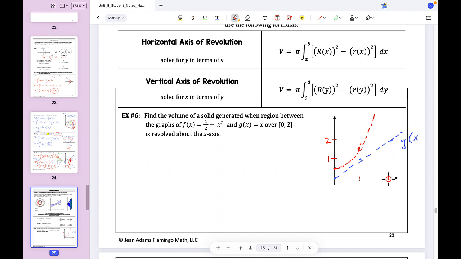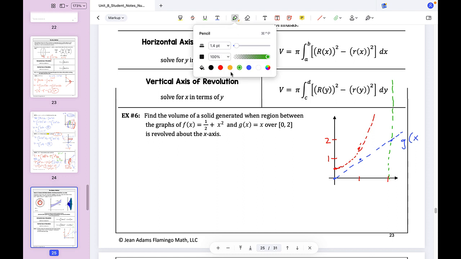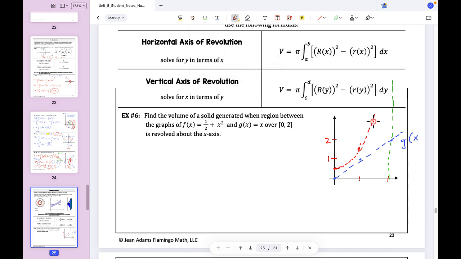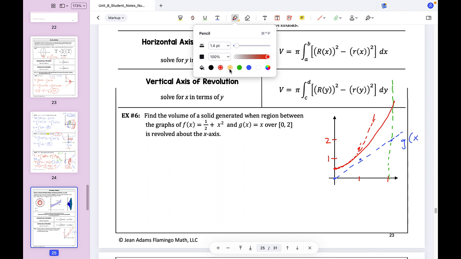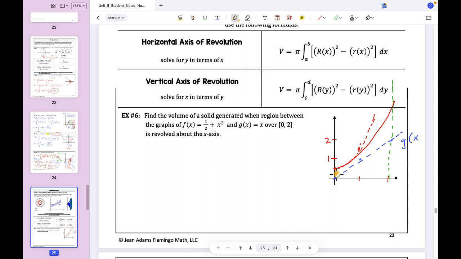And we're looking for the region bound between 0 and 2. Well, here's 2 right here. Okay, it's not a very good drawing. I'm not very good at drawing these, I'm sorry. Say it's more or less like that, okay?